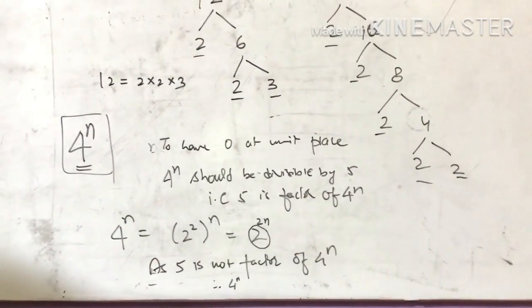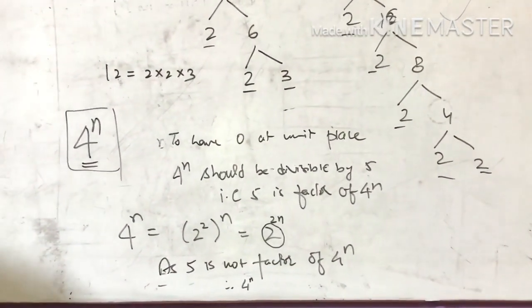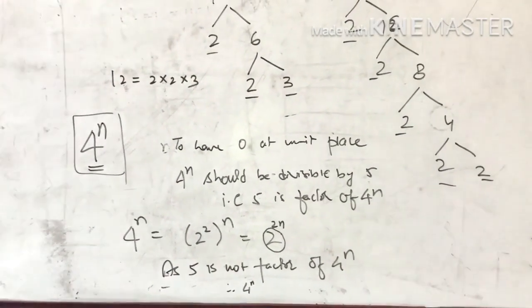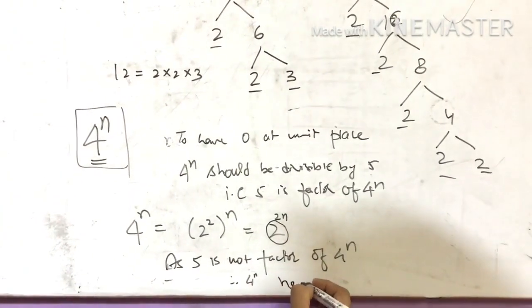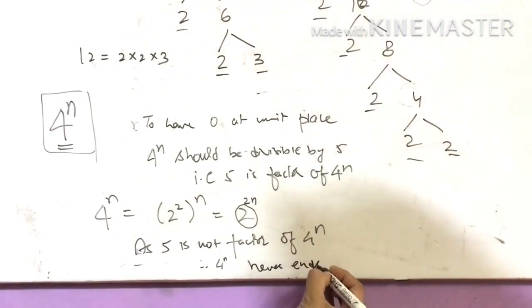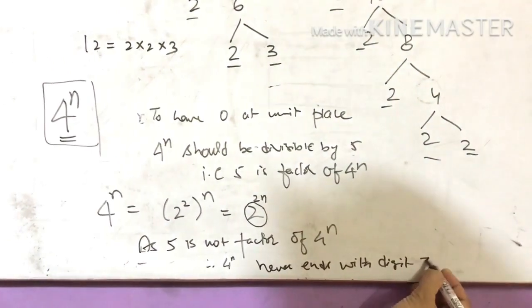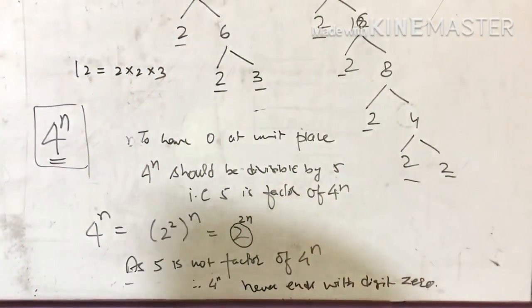It is not possible. So 4 to the power n never ends with digit 0. Got it?